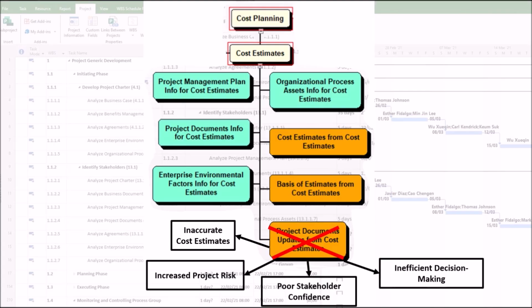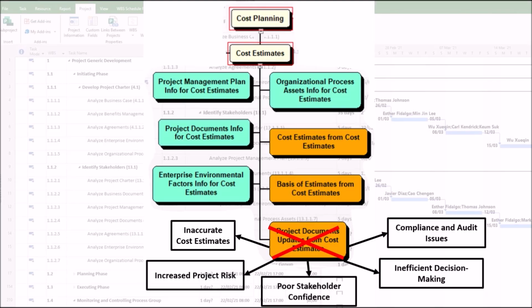4. Inefficient decision-making. First, delayed approvals. If cost estimates lack proper documentation, such as rationale for reserves, budget approvals may be delayed. Second, repeated work. Teams may waste time reanalyzing costs if historical data isn't properly recorded in lessons learned. 5.